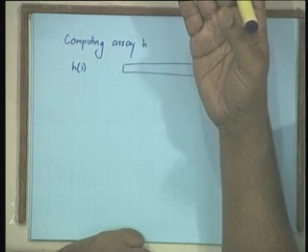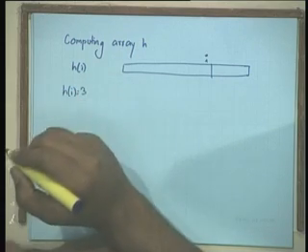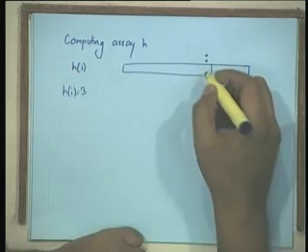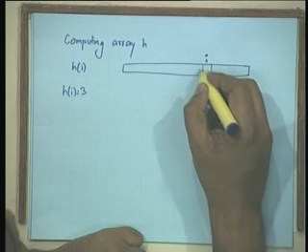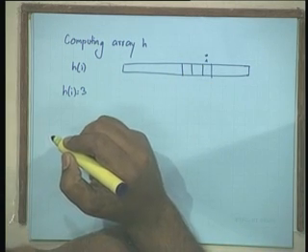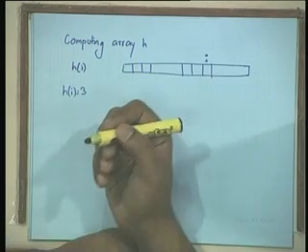Suppose I am trying out the value H of I equals 3. What should I do to try this out? I should look at the last 3 characters here, and the first 3 characters, and see if they are the same.